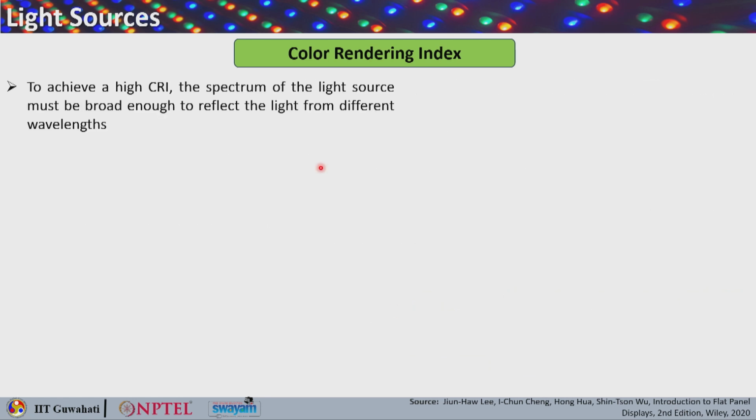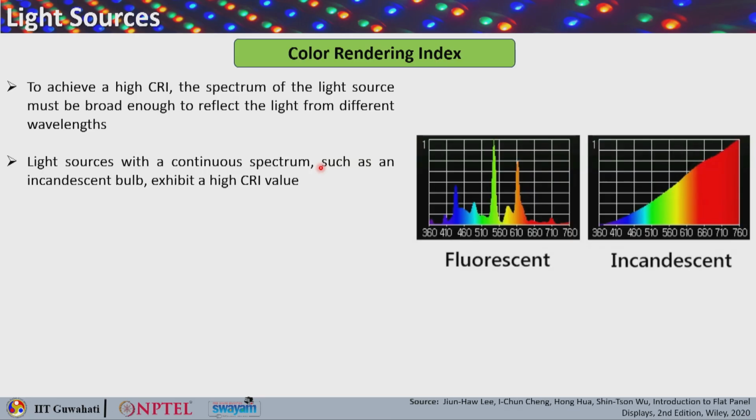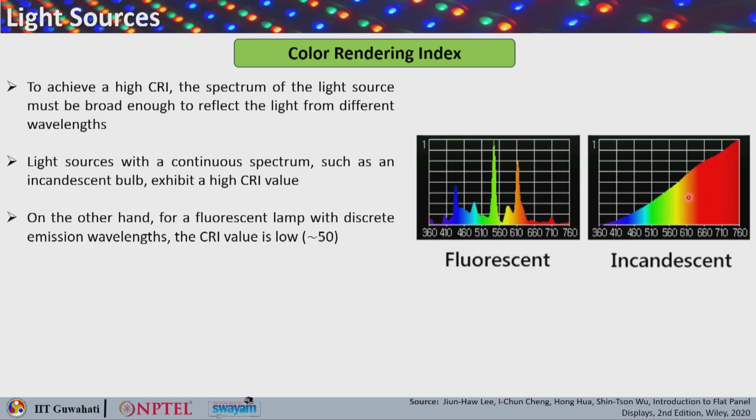So, what do you understand? To achieve a high CRI, the spectrum of the light source must be broad enough to reflect the light from different wavelengths, right. So, a light source that has a continuous spectrum such as an incandescent lamp, other than a fluorescent lamp, where you have all the possible wavelengths present, will definitely have a high CRI value as compared to the fluorescent where only a few particular wavelengths are present.